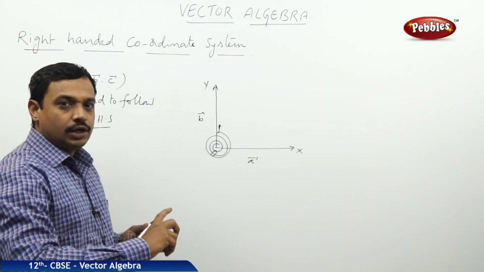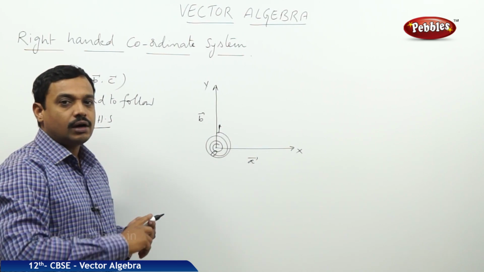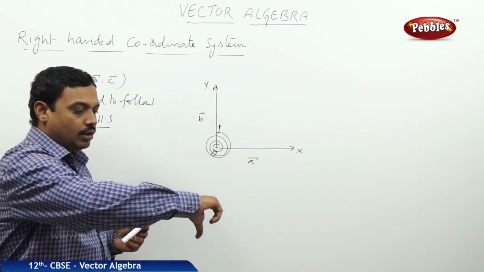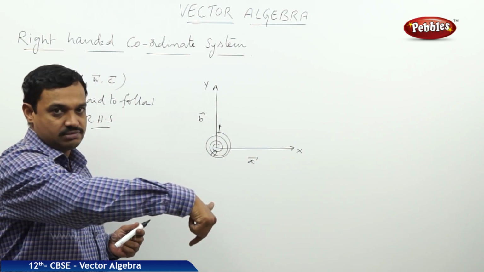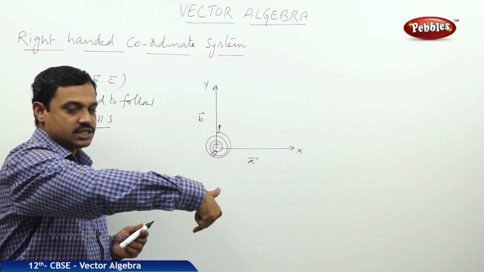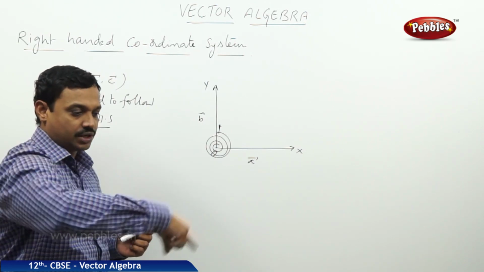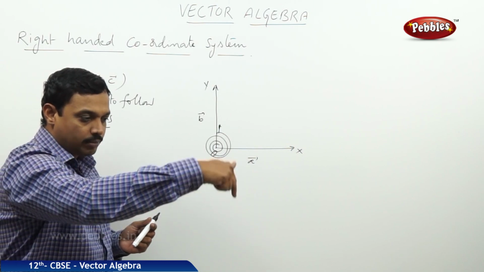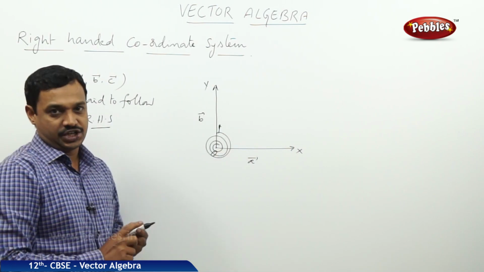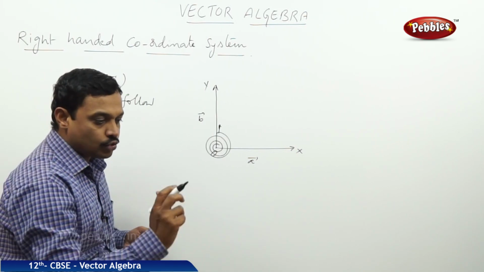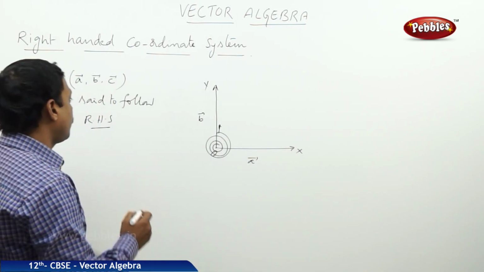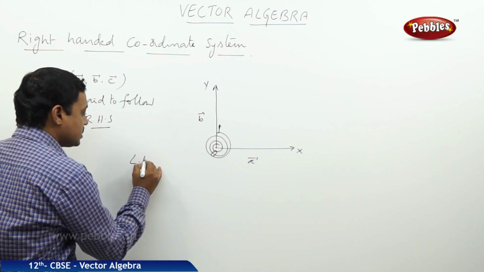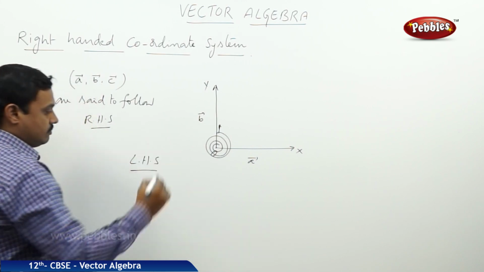If we rotate the vector from y-axis to z-axis, that means it is in clockwise direction, then the vector perpendicular to them is defined in downward direction, so that the system of those vectors are said to follow left-handed system, LHS.